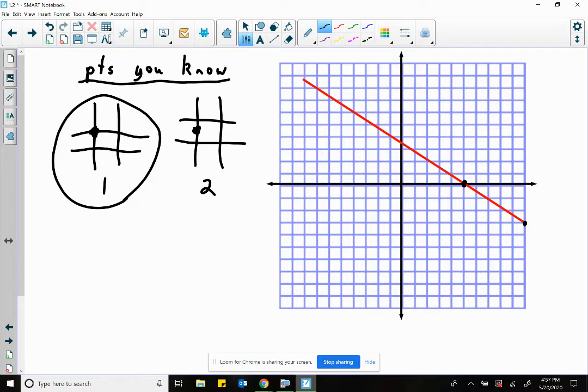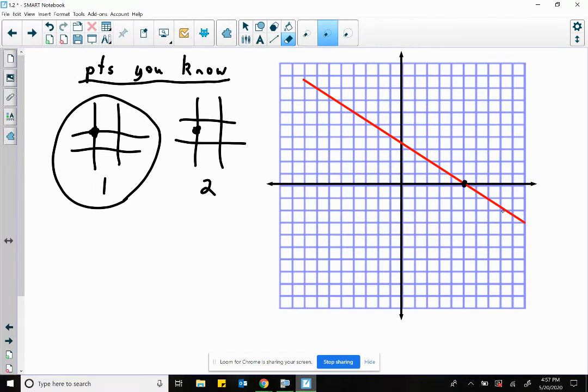And I have a feeling I messed this up. 1, 2, 3, 4, 5. Yeah, this line isn't exactly straight. This is where I always mess up on this. It's so much better in class when I can manipulate that line in front of you.